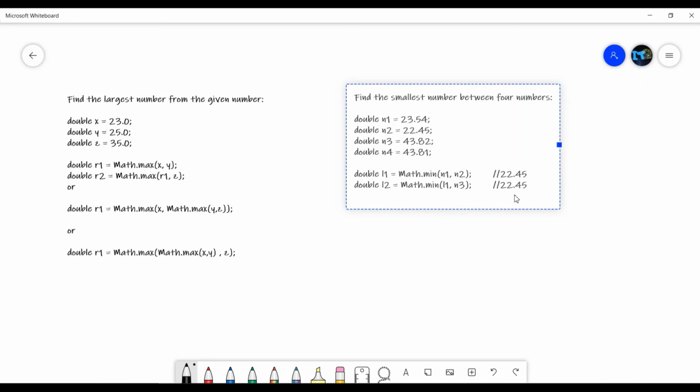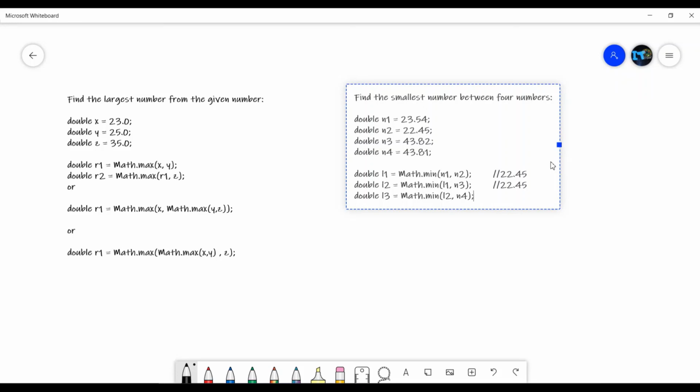Next, we have to compare with your fourth one. So it is double L3 is equal to Math.min of L2 comma n4.